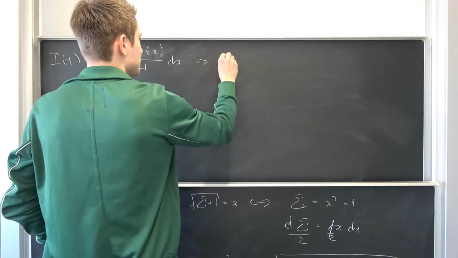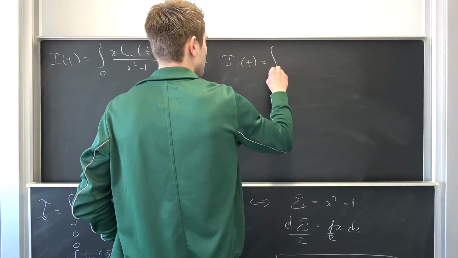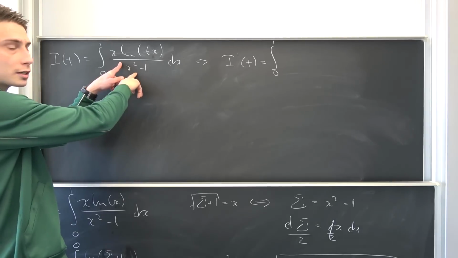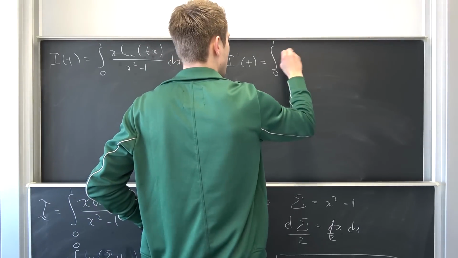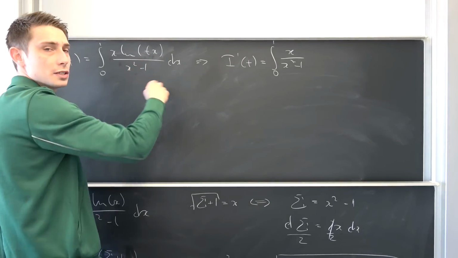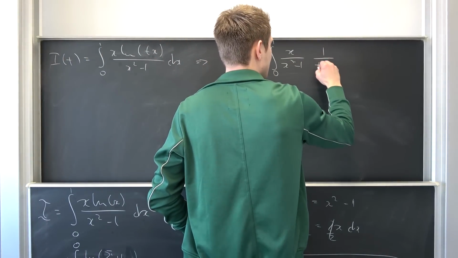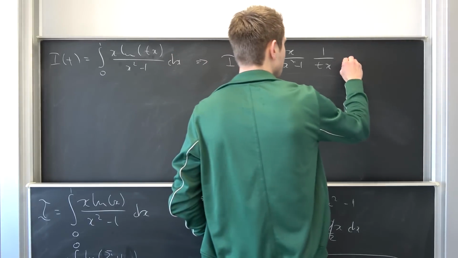So if we differentiate that, then I prime of t is nothing but the integral from 0 to 1, then we have this chunk times the partial derivative with respect to t on this term right here, so x over x squared minus 1. At first we're going to take the outer derivative, so that's 1 over t times x, and then the inner derivative is going to give us just x.